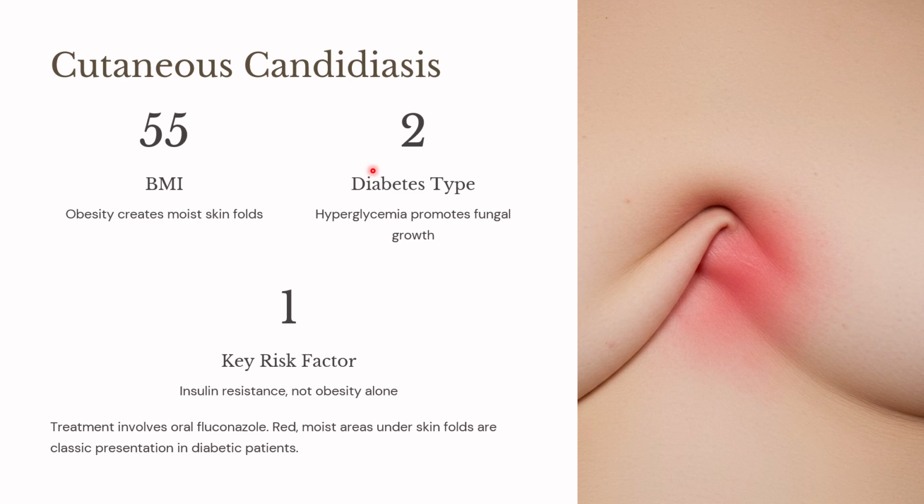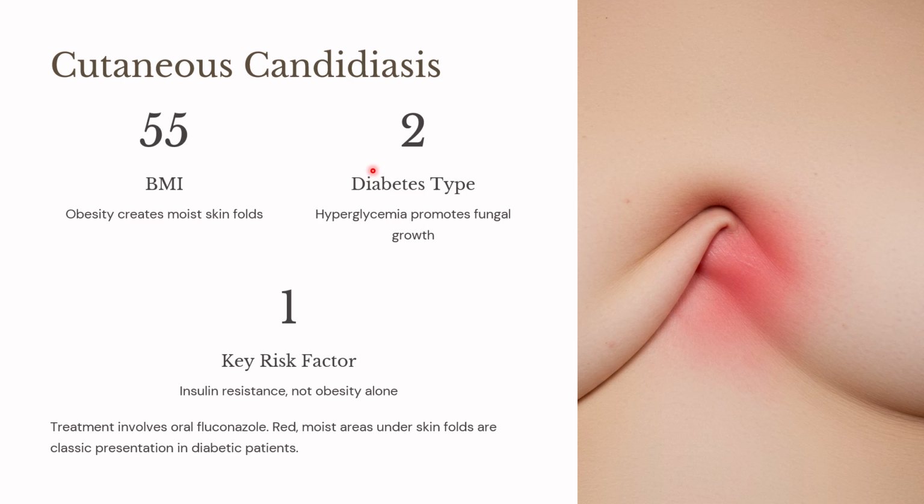Now the question asked: what is the biggest risk factor? If you see an ellipse under the right breast, the candidiasis can be due to rubbing of one skin over the other, or due to type 2 diabetes.